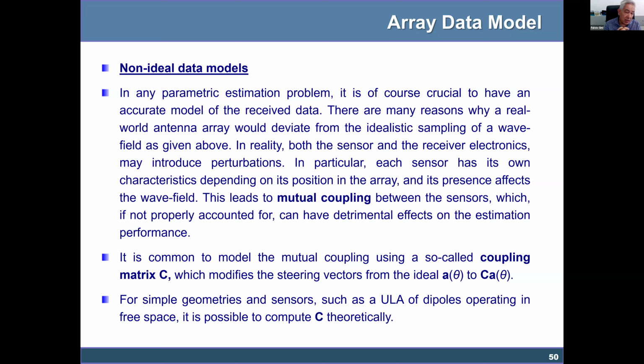I'm talking about radar because I'm more familiar with radar applications. So what are the most important reasons why, in reality, the data deviate from the model that we derived so far?